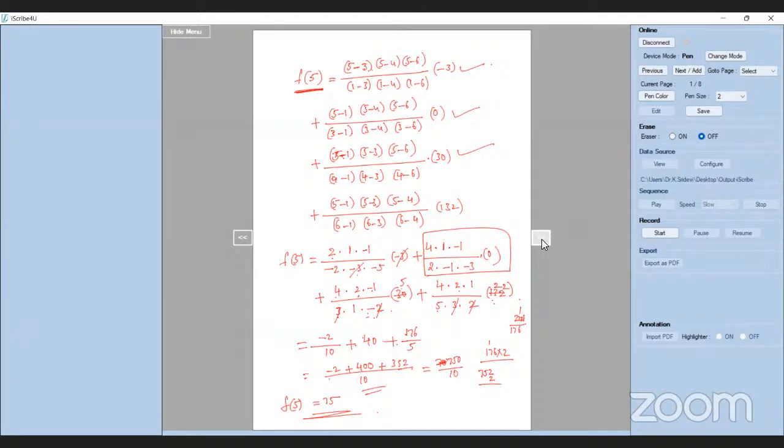If you want to find at a middle value of x, you can choose central difference formulas. At the end value of x, you can choose backward. At the starting value of x, you can choose forward difference. At a middle value there are many central difference formulas; you can choose according to the value of u, which I have explained to you.